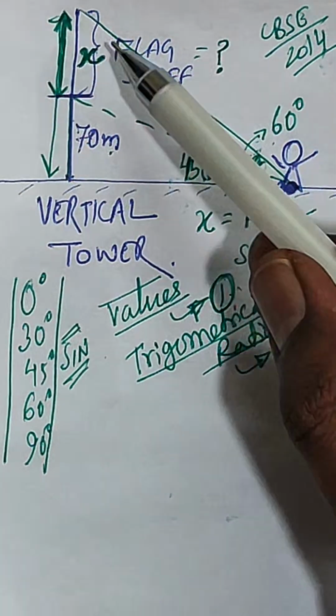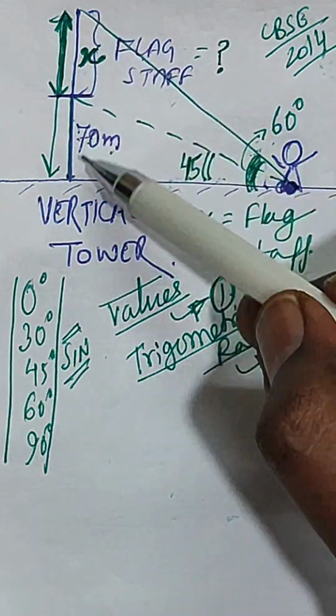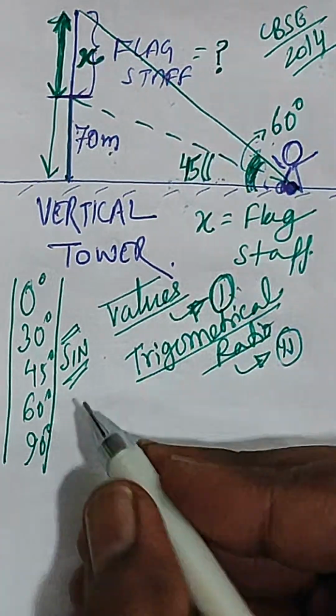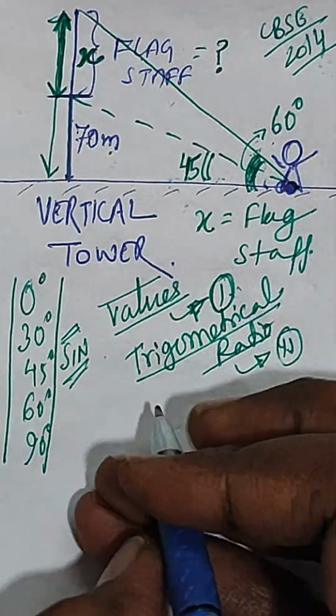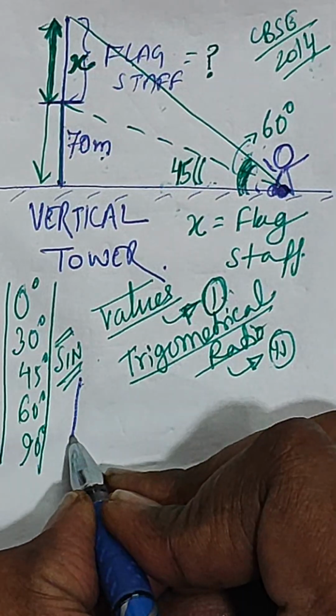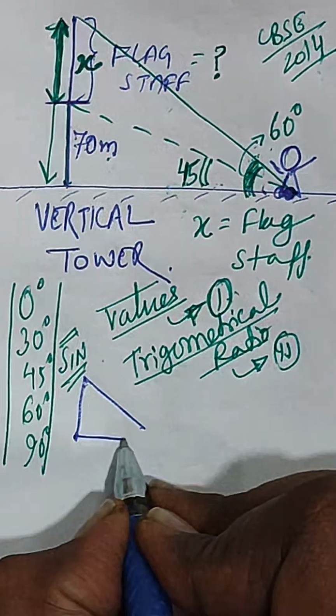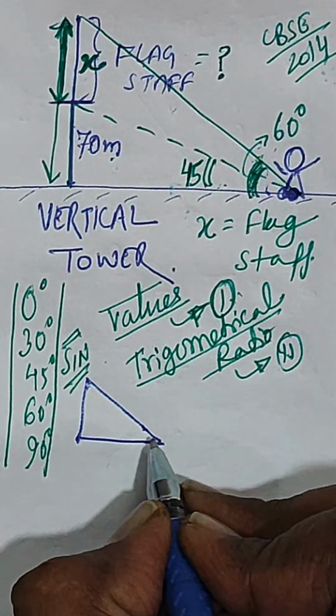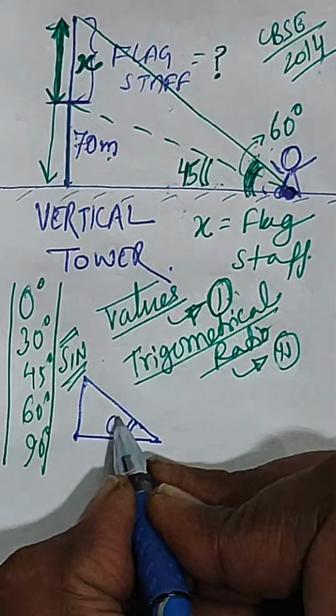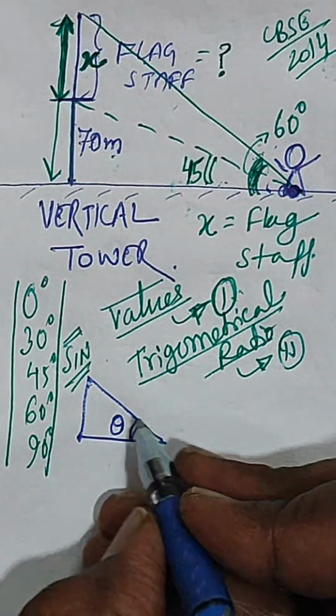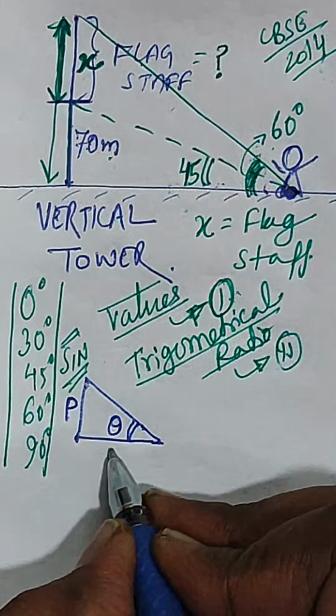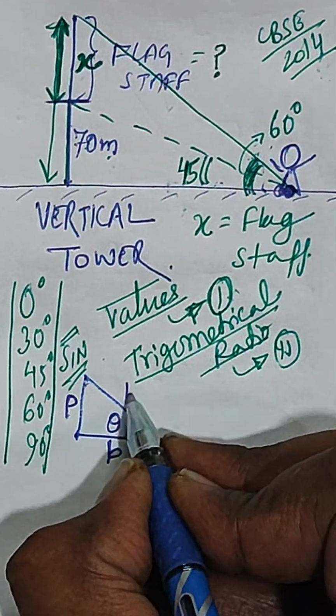Students, we are going to calculate the height of the flag staff. So if you remember your previous study, there was a right angle triangle. I am again saying the same thing, this is nothing new. This was angle theta, this was perpendicular, this was base, and this was hypotenuse.